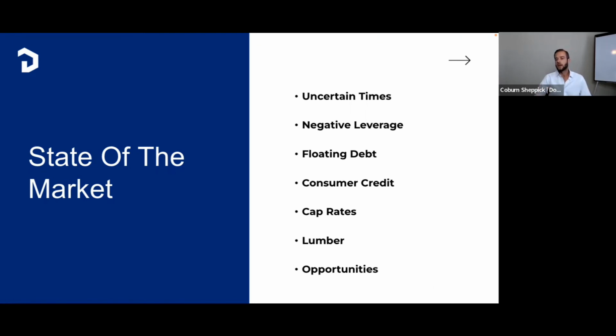So consumer credit is another topic on the horizon. Throughout the pandemic and throughout the stimulus that was pumped into the economy, household savings rates were through the roof. We had trillions of dollars stacked up in savings accounts, which meant amazing things, right?